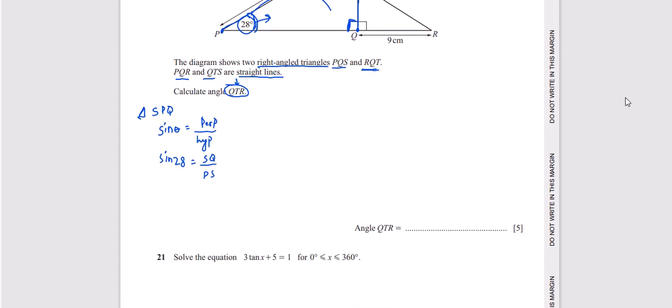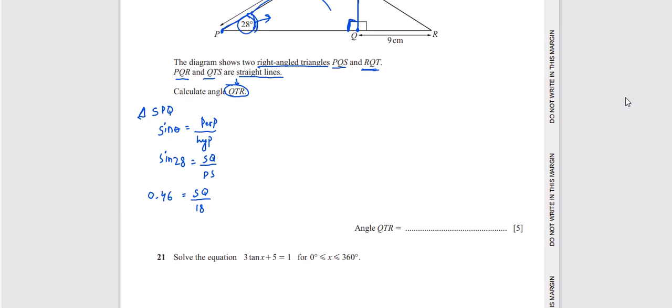So sine 28, that is equal to 0.46, is equal to SQ divided by PS. PS is equal to 18.